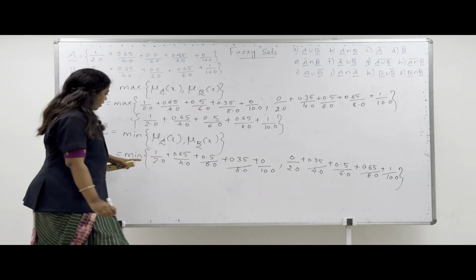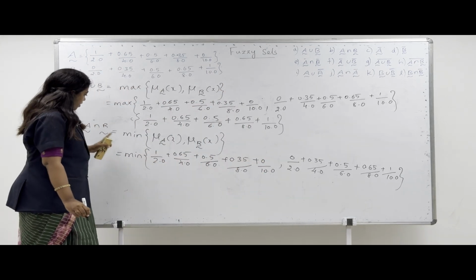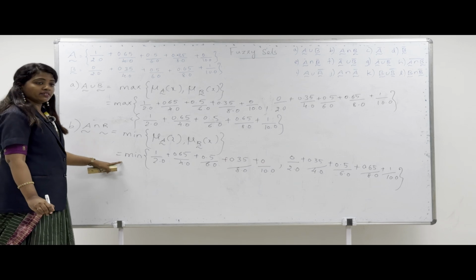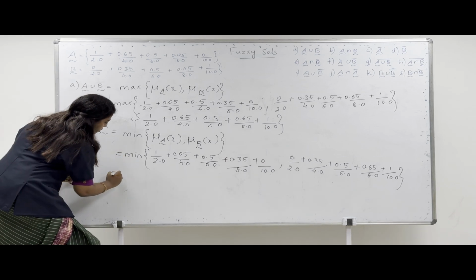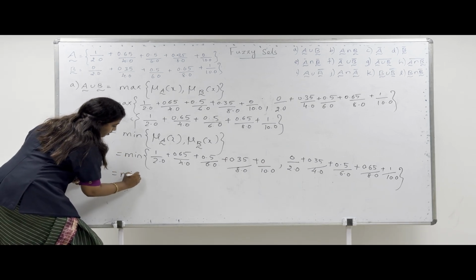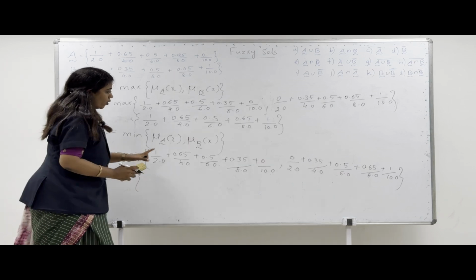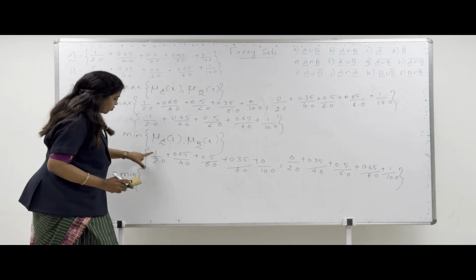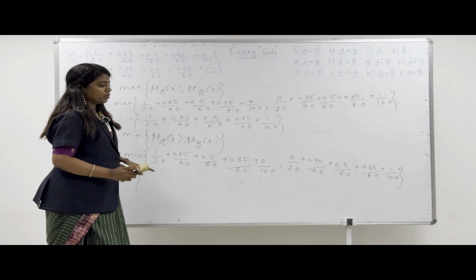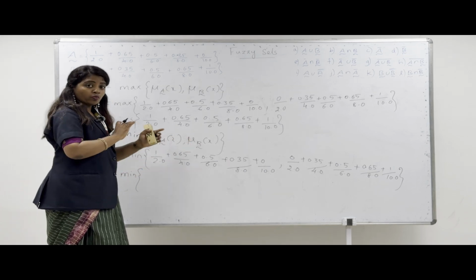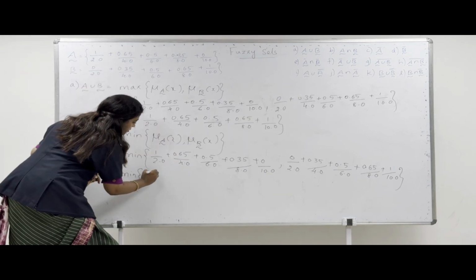Clear? So, here we have to find the min. If there is intersection, we have to find the min of the two. Okay, so write min. Compare the first value, 1 by 2.0 and 0 divided by 2.0, which is the minimum? 0.